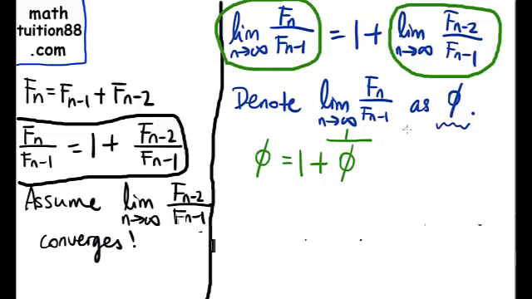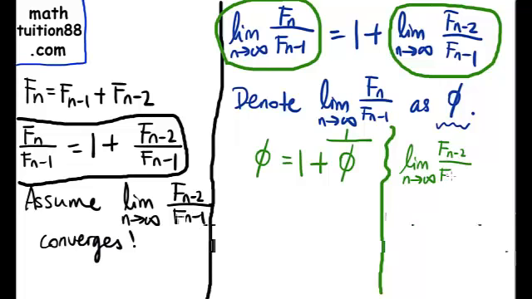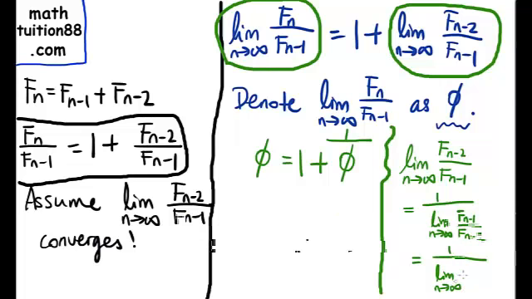So as a side note, the limit of f n minus 2 over f n minus 1 is 1 over the limit of f n minus 1 over f n minus 2, which is the same as 1 over the limit of f n over f n minus 1, which is 1 over phi.